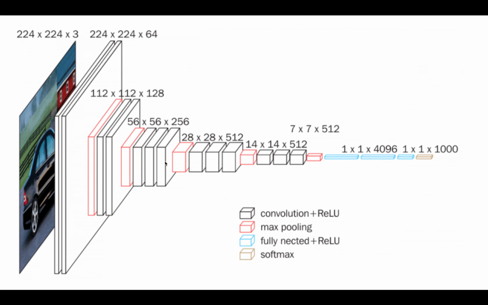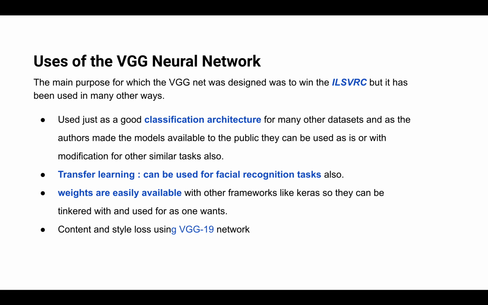Next I'm discussing where we can use a VGG network. The main purpose of VGG net was that it was designed for the ILSVRC competition, but you can use it in many ways with customizations. You can use it for image classification, for example this is a dog image, this is a cat image, this is a goat image, and for detection also.